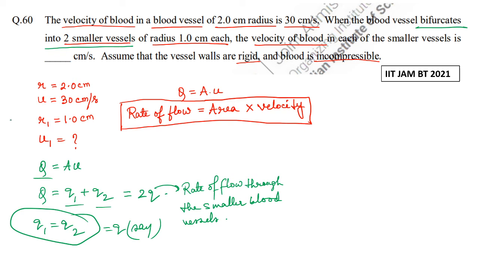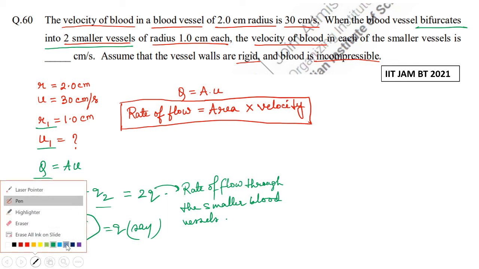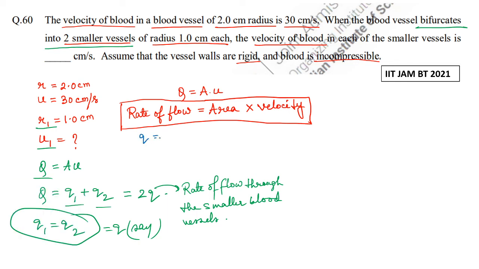see, small q is equal to, sorry, it is not R1, we can take it as A1 into u1. That is, A1 is the area of the smaller vessels. Now, what is the area of the smaller vessels?